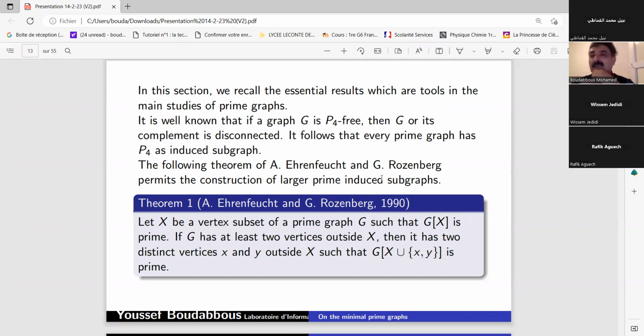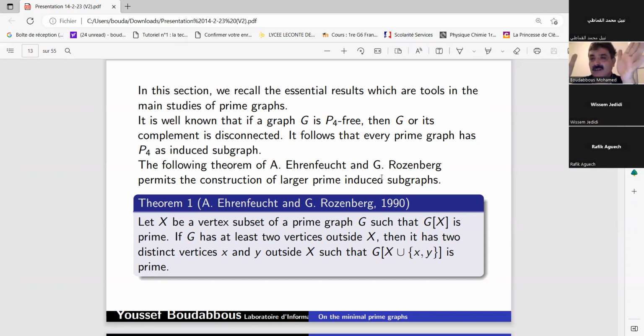Thus, if we start with P4 in a prime graph with at least 6 vertices, we can add 2 vertices to P4 and obtain a prime subgraph of order 6, and after that of order 8. And if we have a prime subgraph of order 5, we can construct one for each odd cardinality. But for order 5, it is not necessary.